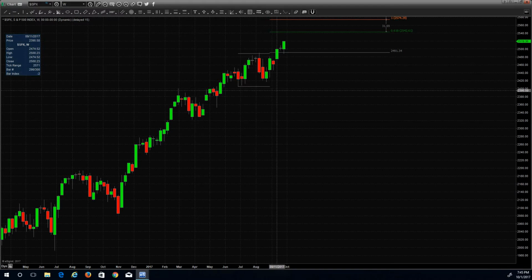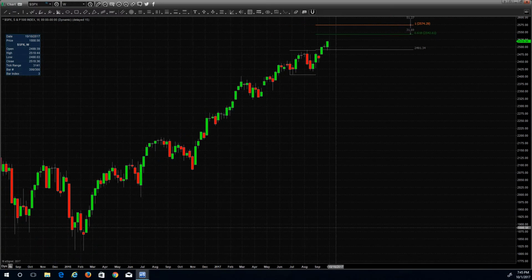You see, the markets are always moving with respect to what they did in the past. So my next level that I'm definitely looking at, if the markets do go higher, where I might find some kind of resistance, is at 2542, and the 1% measured move would be at 2574. So that's the weekly overview of the weekly chart.